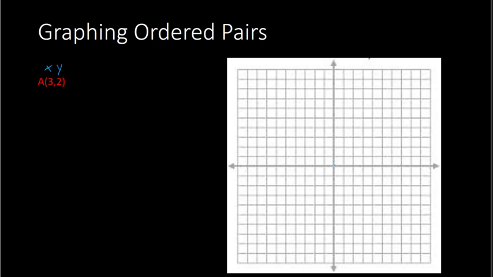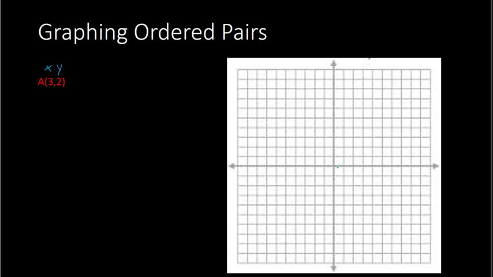So starting here at the origin, right here in the middle, we need to go 3 in the x direction, which would be left and right, and it's a positive 3. So for x, the positive direction would be to the right, and anything to the left of the origin would be negative. And for y, anything up from the origin is positive, and anything below is going to be negative.